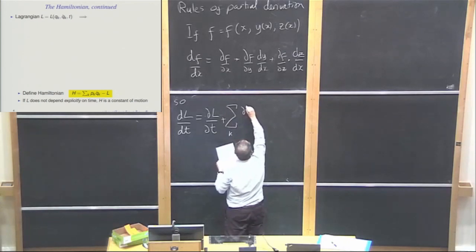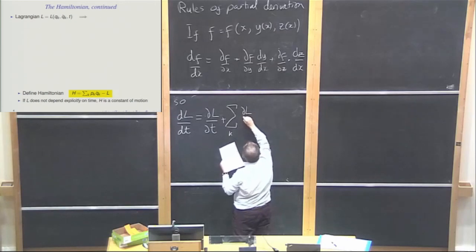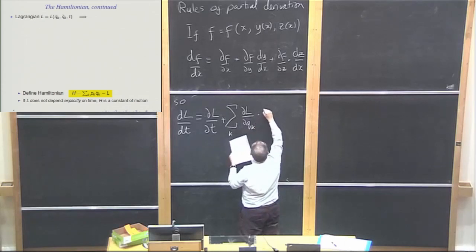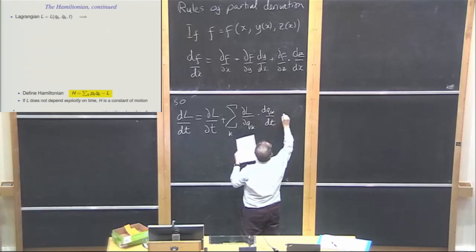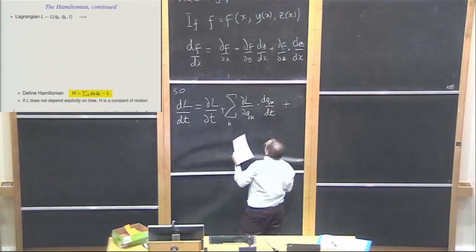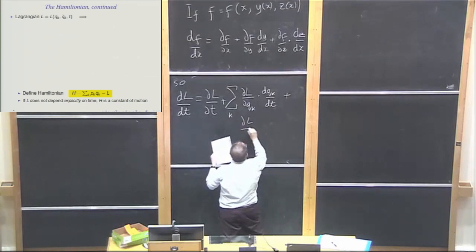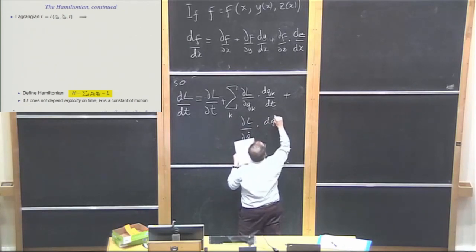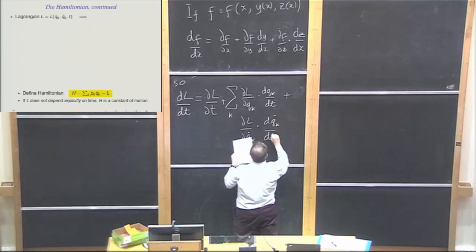So the sum, then you get the sum over k of ∂L by ∂q_k multiplied by dq_k by dt, plus ∂L by ∂q_k dot multiplied by dq_k dot by dt.